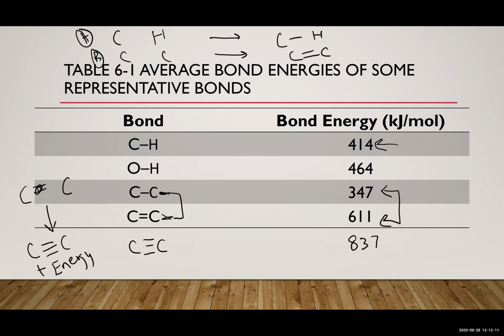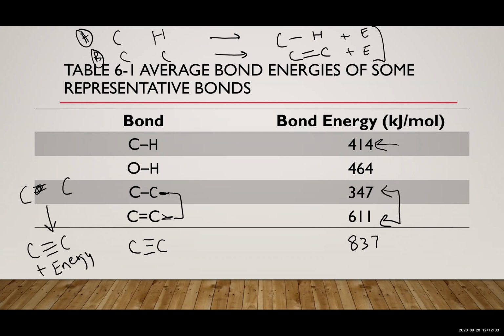In both of these reactions, because I'm making the bond, I will get energy out. So both of these reactions will be exo or endo? Yes, the energy is coming out, so they will be exothermic.